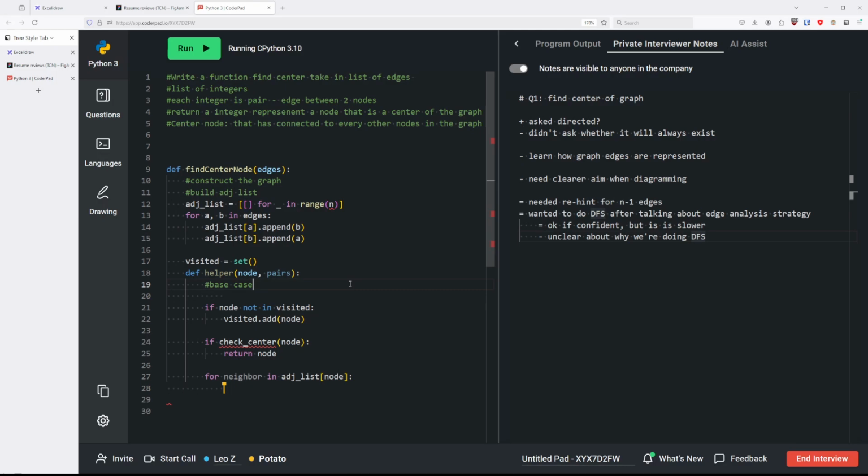That would return true if the node is the center of the graph, right? That's correct. Check center will return true if and only if the node that's passed in is the center node. If not, check center fails.